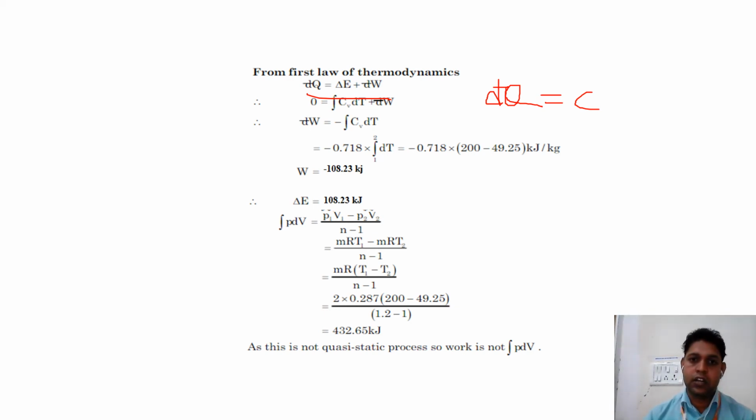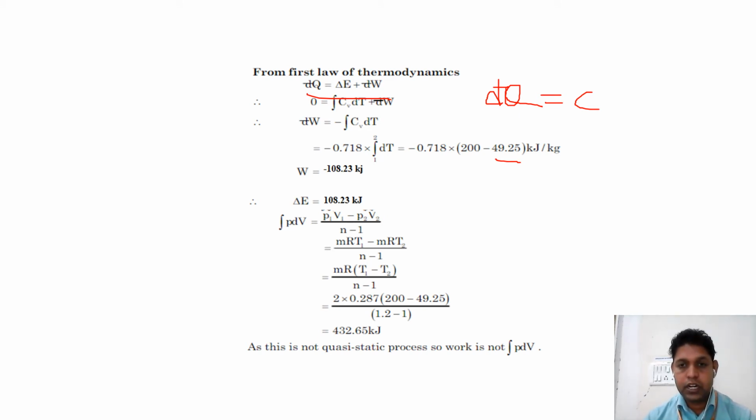Cv, we know, is the specific heat at constant volume. Cv is equal to 0.187 kilojoule per kg Kelvin. The unit is kilojoule per kg Kelvin, and integrating from 1 to 2, we get T2 minus T1, the integration of dT with limits 1 to 2.